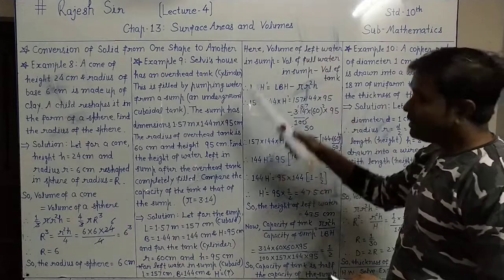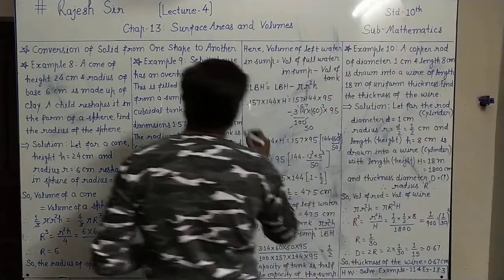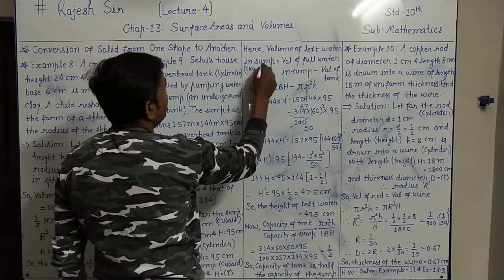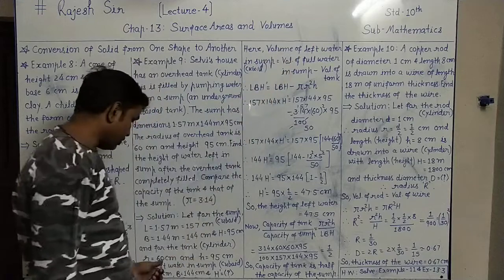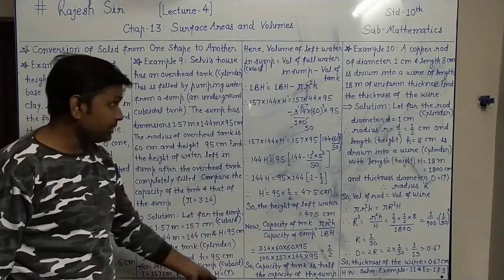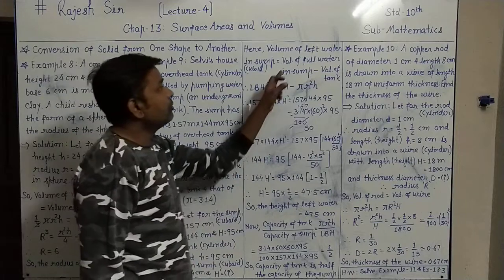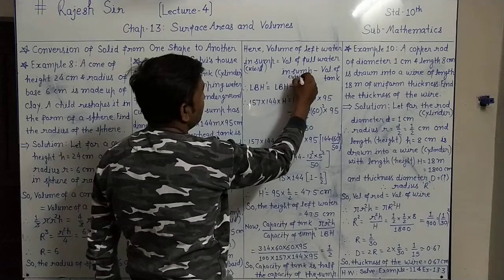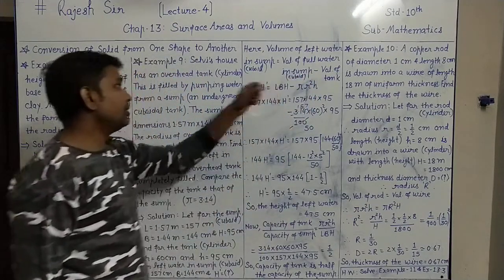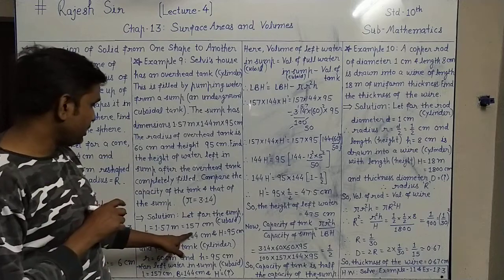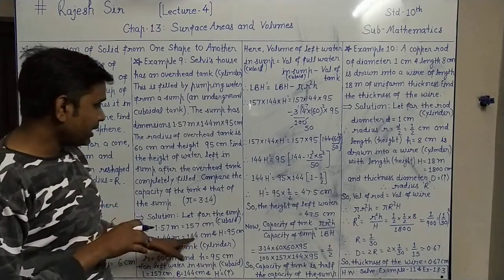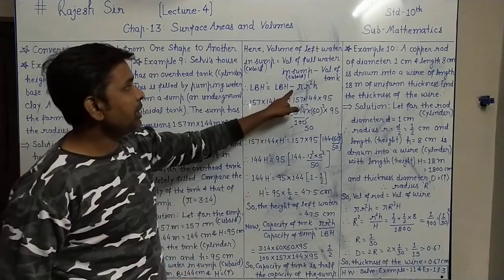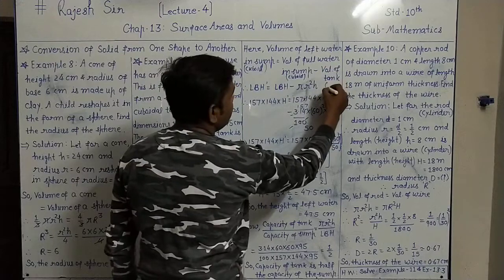So the volume of the left water in the sump is in the shape of a cuboid. Its volume will be L into B into H dash, because the left water's dimensions are L, B and H dash. This equals the volume of the full water in the sump, again a cuboid, but this time the full water is there, so its dimensions will be the same length L, the same breadth B, and the total height H, minus the volume of the tank, which is cylindrical.